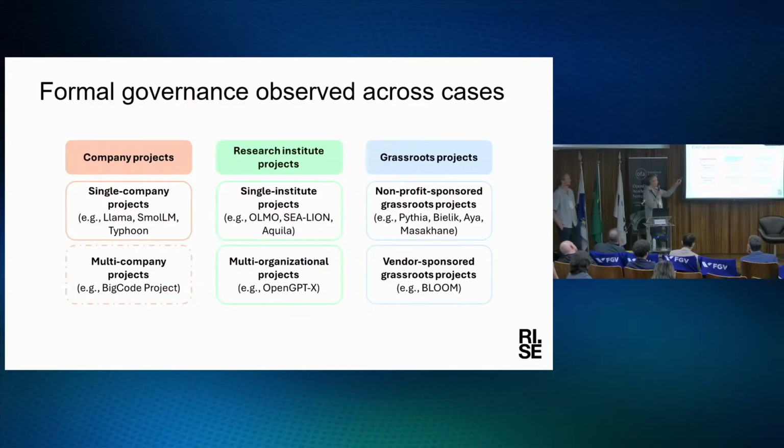We have the company projects, where we saw these single company LLM projects, typically comparable to the single vendor open source projects that we see, for example, in databases and so on. We have the Llama model, for example, by Meta, and SmolLM by Hugging Face. In these cases, it's one company basically driving the show, deciding where it goes and what kind of requirements go in.